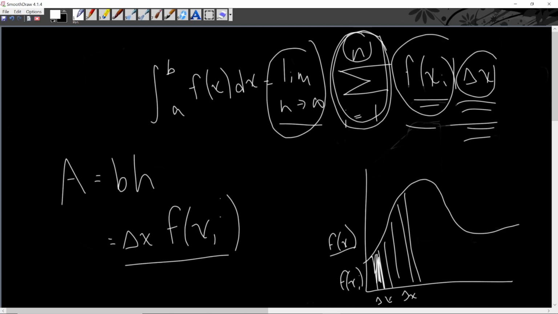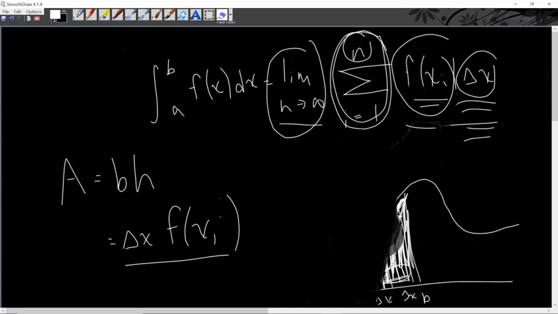And from here, we simply have so many impossibly thin rectangles that when we find the area for all of them and add them all up, we'll simply get the area under the curve from that interval of a to b. Remember our original parameters of this definite integral.